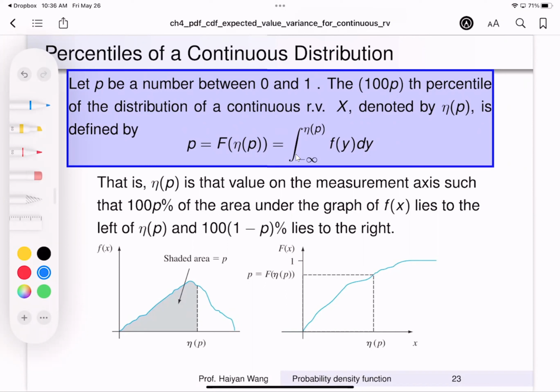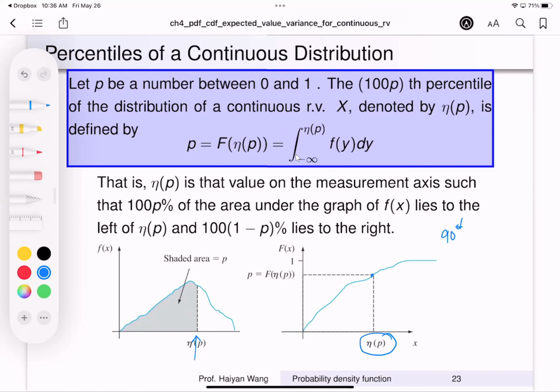If we plot the PDF curve, the percentile refers to the value on the horizontal axis such that the area to the left is P. And if we are using the CDF, the percentile refers to the value on the horizontal axis such that the curve evaluated at this value is equal to P. So this is the percentile.